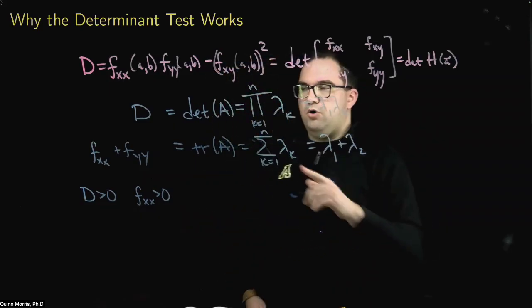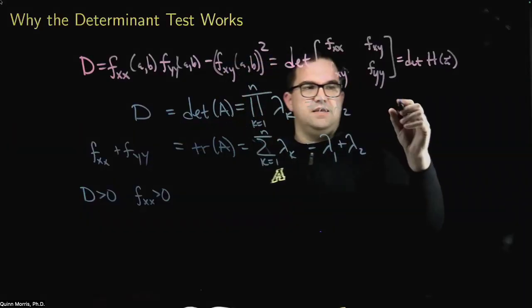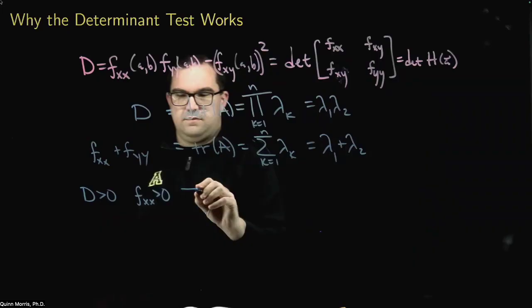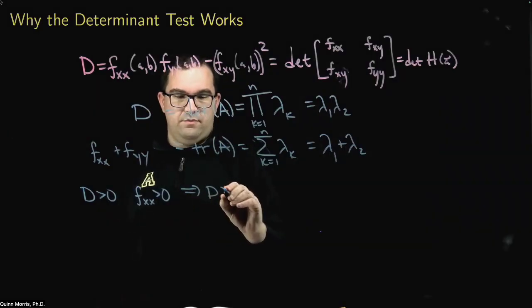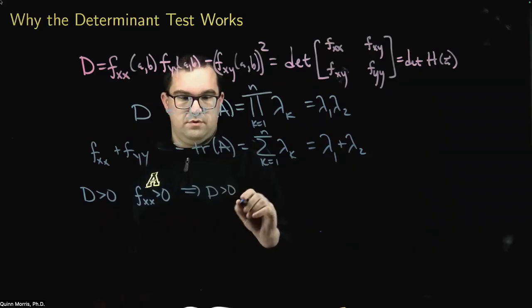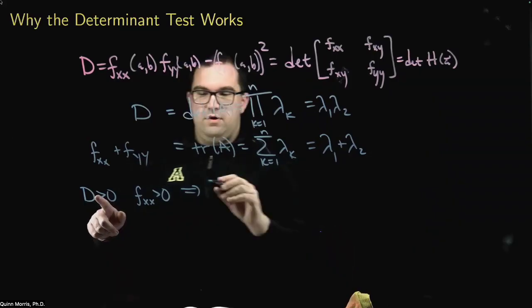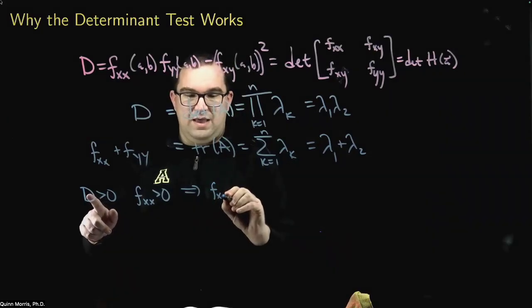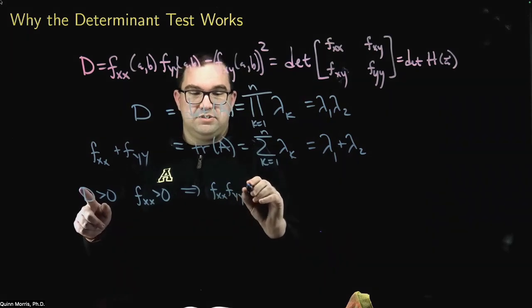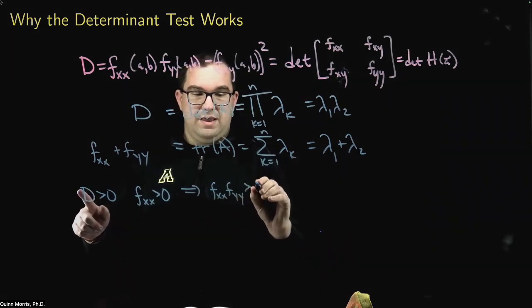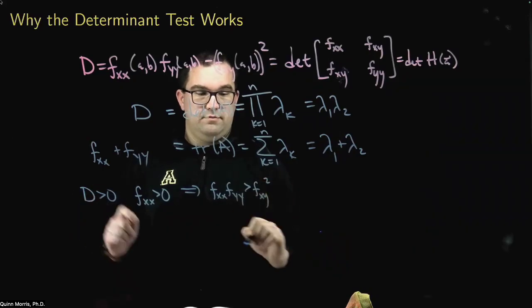So what I want to note is that this determinant, if I know it's positive, so D being greater than 0, that implies that f_xx times f_yy must be greater than f_xy squared.